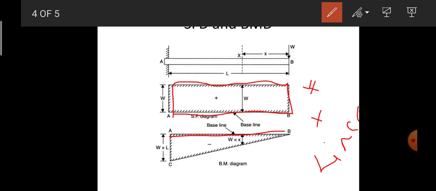Exactly at point B the bending moment is equal to 0, therefore it is drawn on the baseline, and at point X it is W into X, which is a negative value, hence it is drawn below the baseline, and then at point A it is the negative value of W into L, which is drawn below the baseline. We need to join all these points by a straight line.